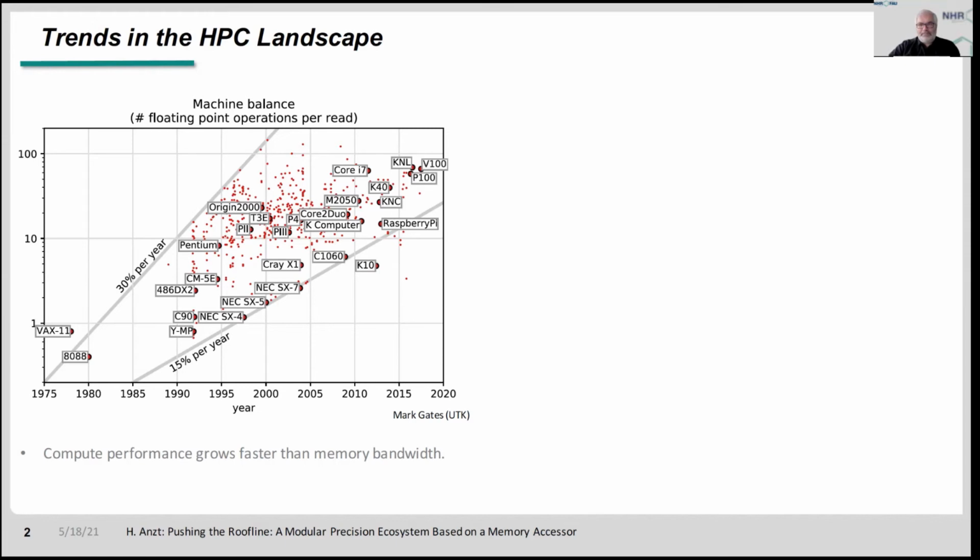What we do currently is sit down and think, okay, which part of an algorithm could be stored in a lower precision format without harming the final accuracy. So we take the theoretical approach, pen and paper, and figure out, okay, the preconditioner, assume it has only a certain accuracy.